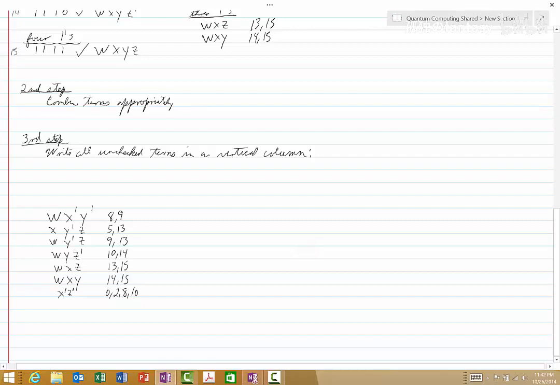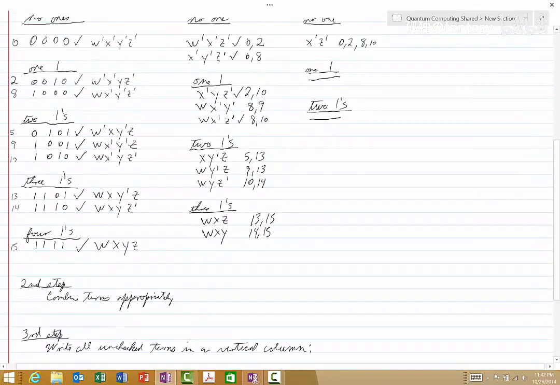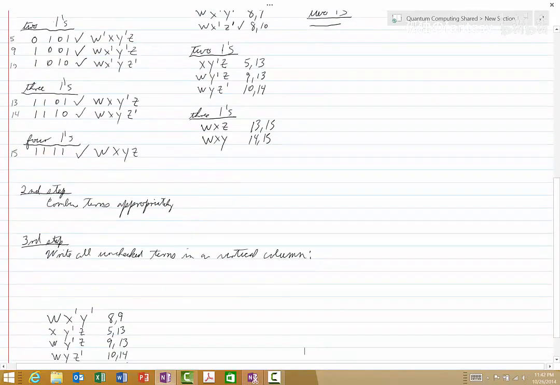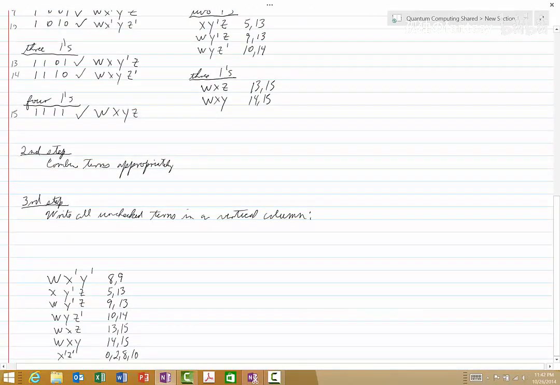So we have all of these unchecked terms, and just to make sure we're not missing anything, let's count them, see if the counts match. So we have 1, 2, 3, 4, 5, 6, 7 unchecked terms, and let's check down here. 1, 2, 3, 4, 5, 6, 7.